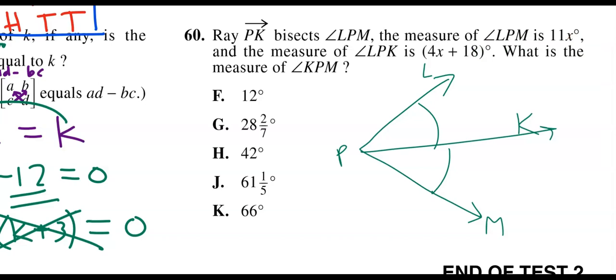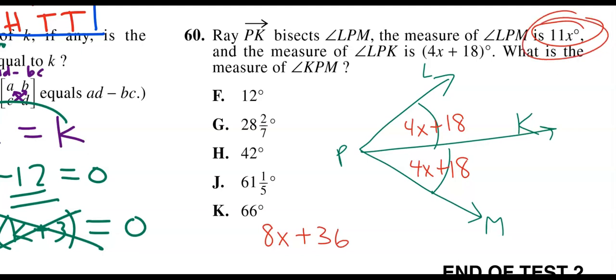The measure of LPM, so the whole thing, is 11x. Okay, we'll keep that in mind. LPK is 4x plus 18. Doesn't that make this also 4x plus 18 if it's bisected? So that would be a total of 8x plus 36, and they told me that is 11x.